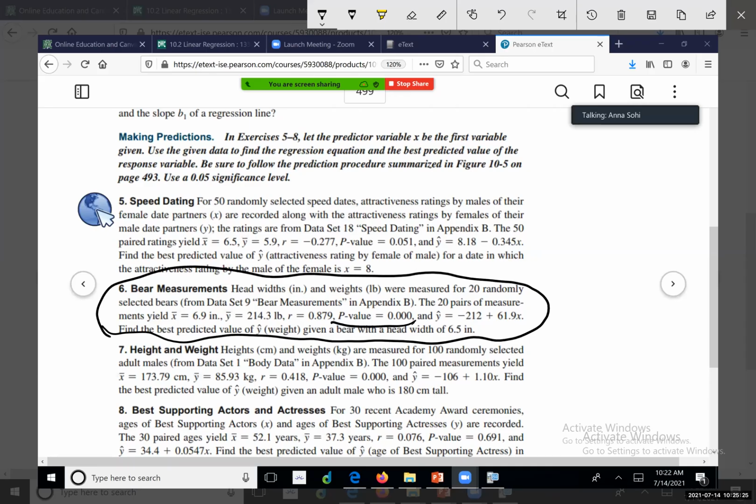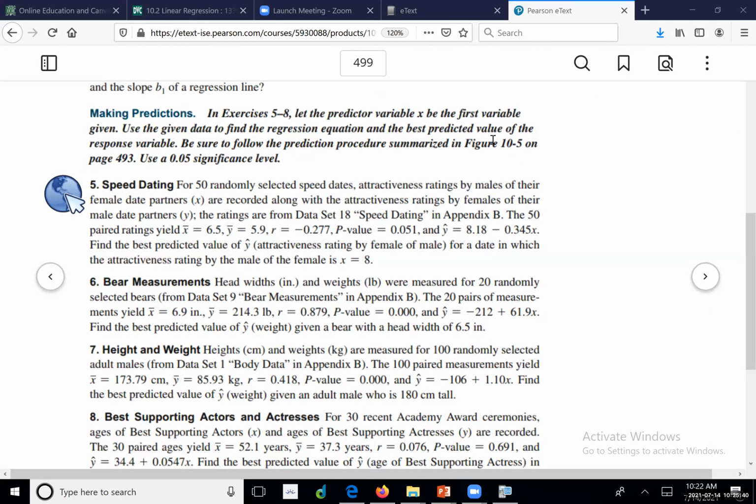So tell me, for this linear regression, is there a correlation or not? Given the R, given the p-value, is there any correlation between the head width and weights of bears? Yes correlation, no correlation in number 6. So please send me your answers.